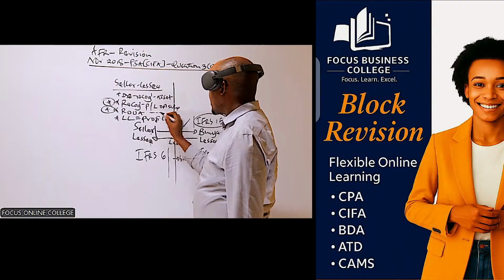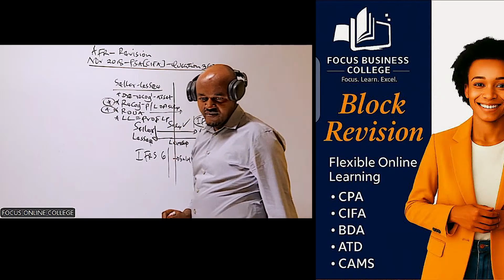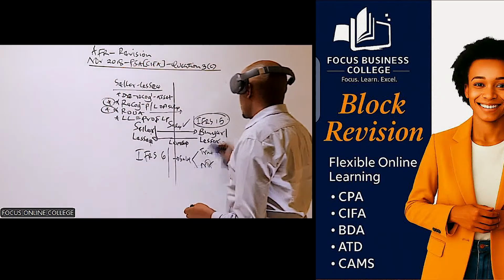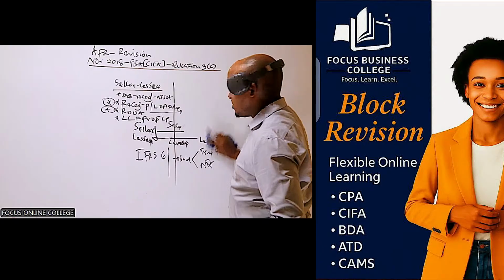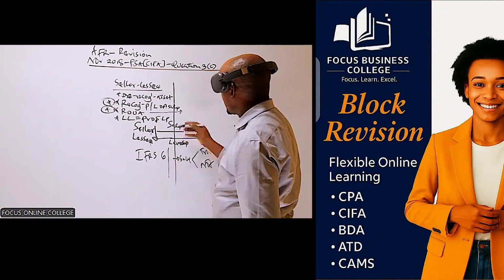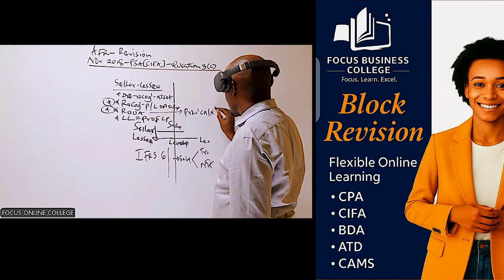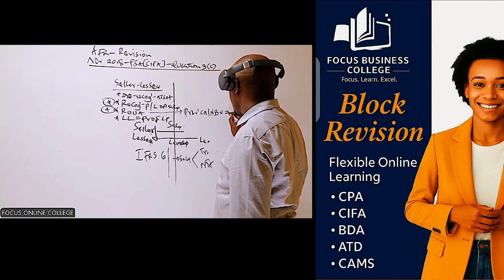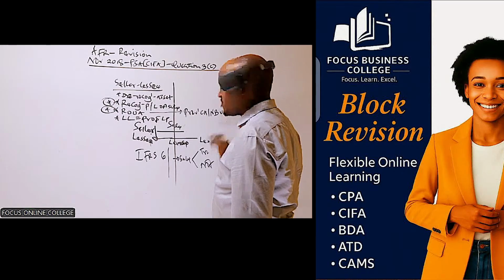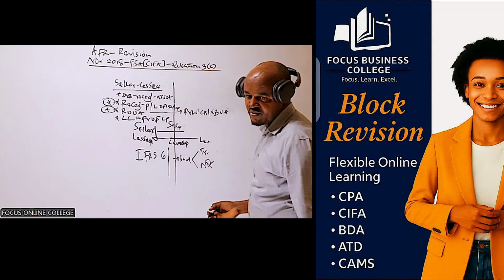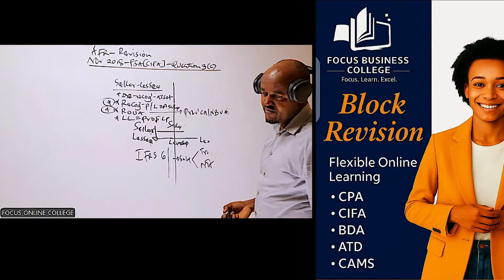First of all, the right of use asset. Can you remember the formula for computing the right of use asset? We take the previous carrying amount, or basically the net book value of the asset, and then we multiply this with what?